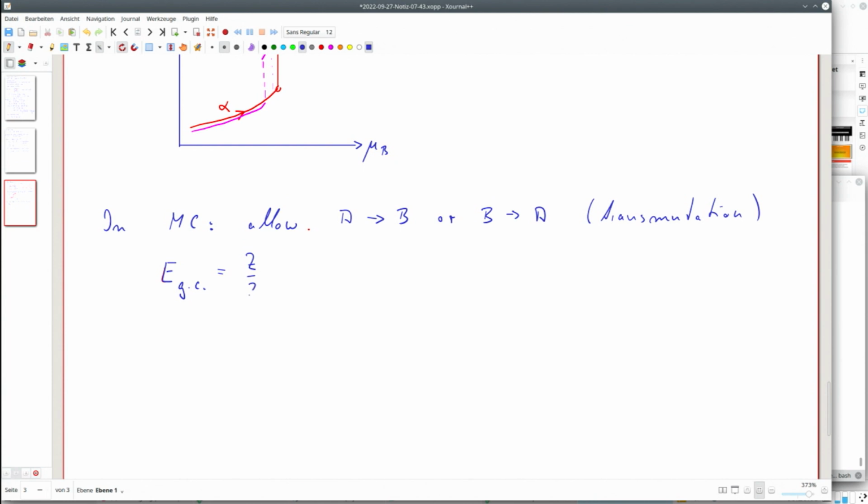And now you can calculate the energy for such a change. In simple approximation, it looks very much the same as before. That's what we already had.